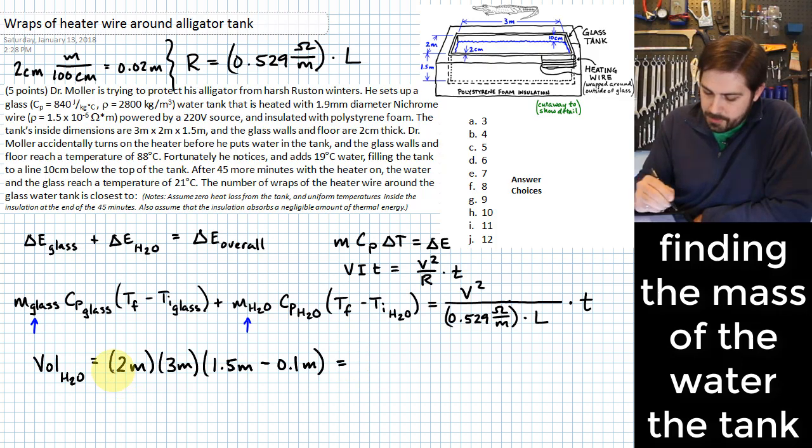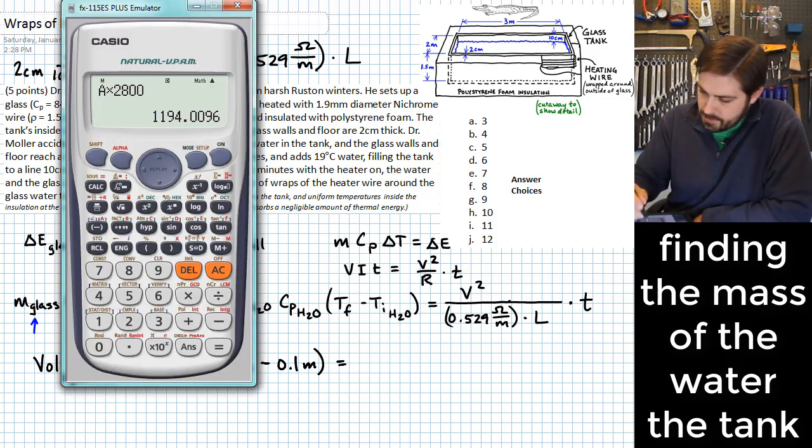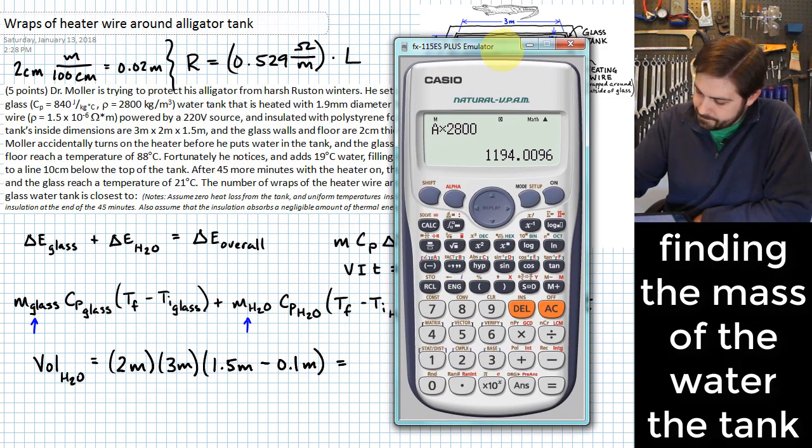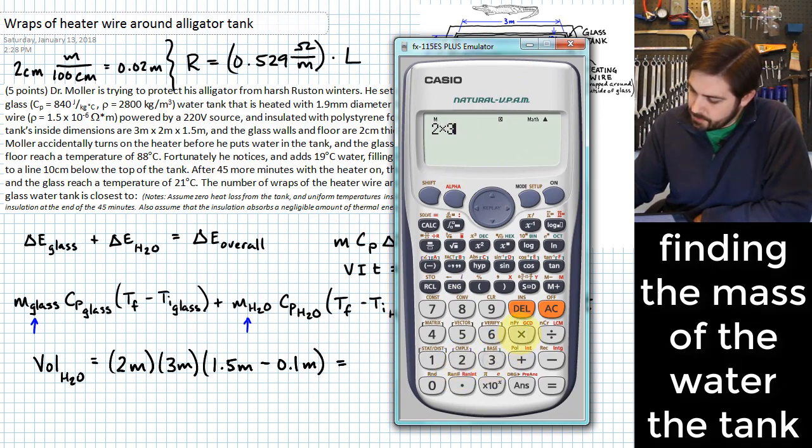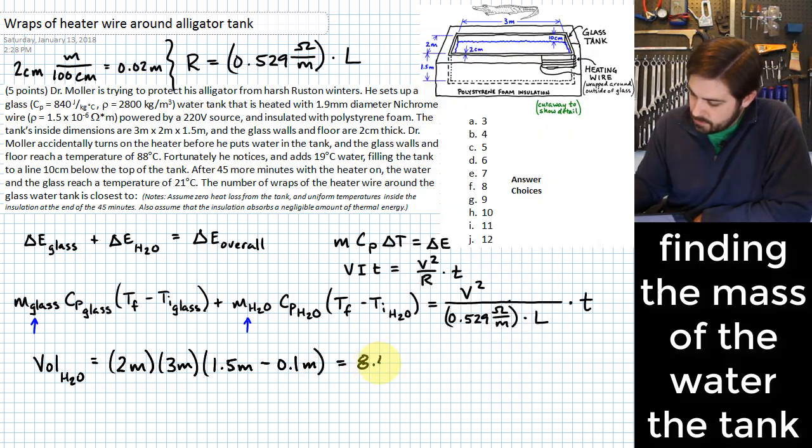And so our volume of water here is going to be 2 times 3 times 1.5 minus 0.1. Which is 8.4 cubic meters.